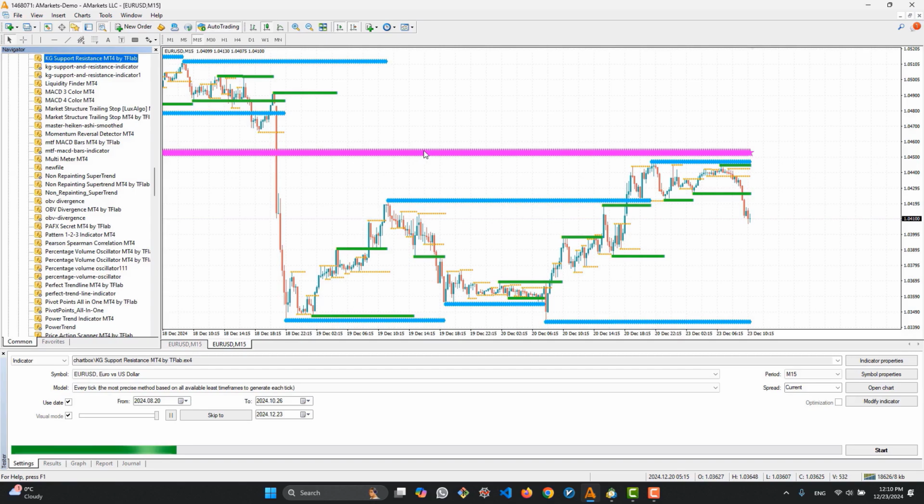This is the default state of the indicator. The blue color is for the 4-hour time frame. The green color is for the 1-hour time frame, and the orange color is for the 15-minute time frame. This is its default state, which you can change in the settings.